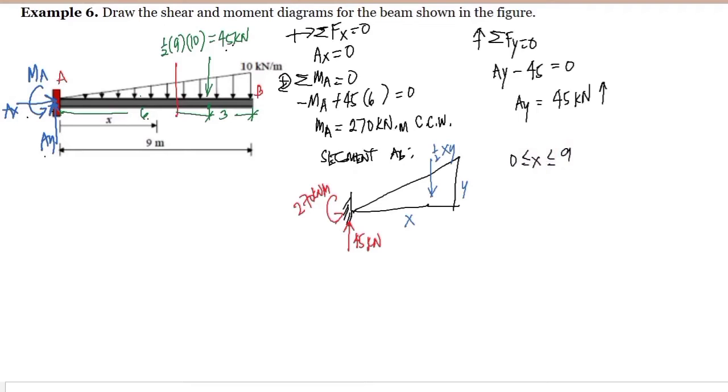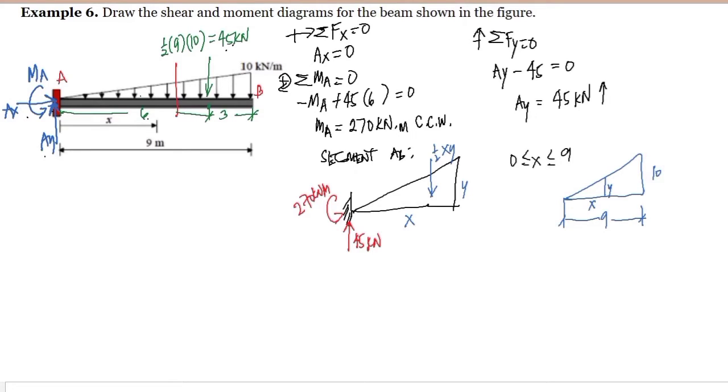Okay, so let's compute for the value of the y. So we will express the y in terms of x, and if this is the case, then we have here the y, and this is the x. The total length here is 9, and this height here is equal to 10.